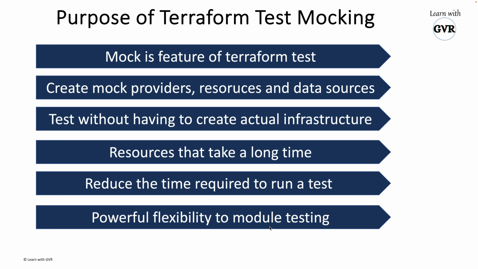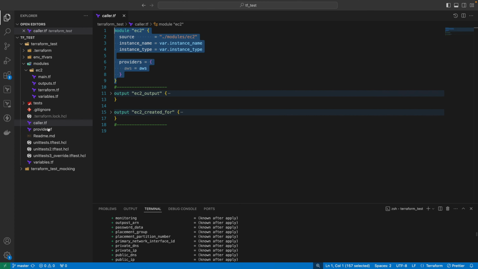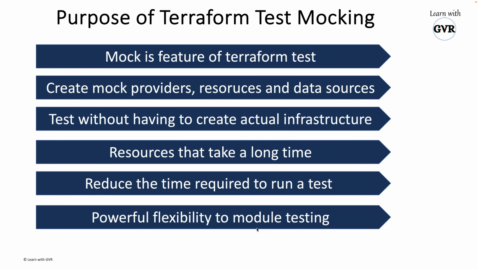When you are testing a module, and inside the module, let's consider another 10 submodules, you can still test. That's the powerful flexibility you have by using dynamic expressions. That's the beauty of it.